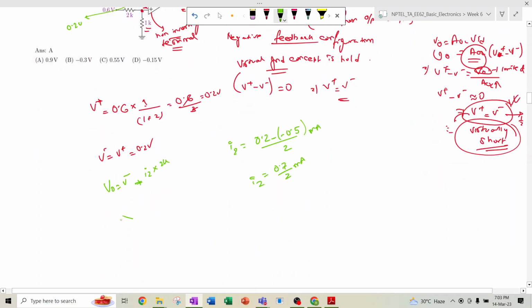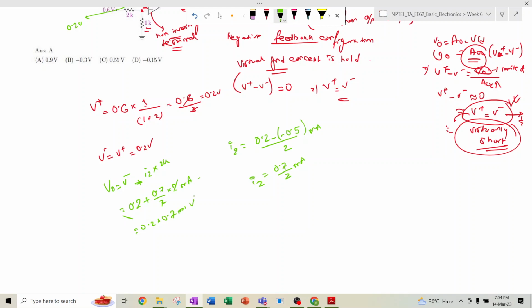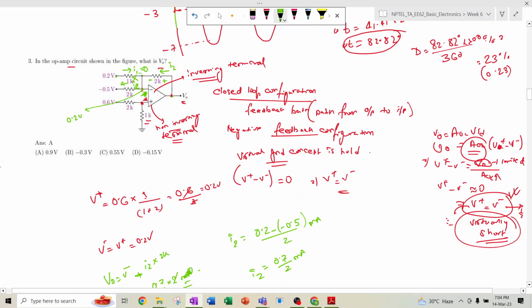V minus we have already found, that is 0.2 volt, plus I2, which is 0.7 divided by 2, into 2k. So the 2 cancels out, so it will be 0.2 plus 0.7 volt, because milliampere times 2k resistance gives volt, so it will be 0.9 volt. So the correct answer will be option A, that is 0.9 volt.